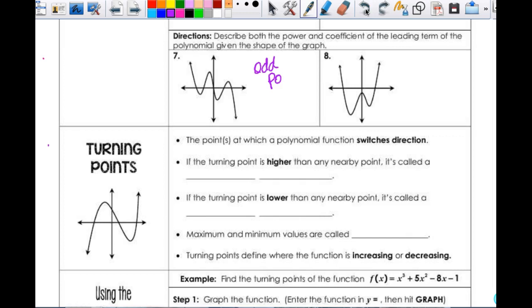It's an odd degree polynomial is what I meant to say. So I know it's odd, and then I have to decide if that coefficient is positive or negative, right? So my cubic, which is where I get my end behavior, looks like this, right? So if it's going this way with my end behavior, then that means there's been a reflection, so we have a negative coefficient.